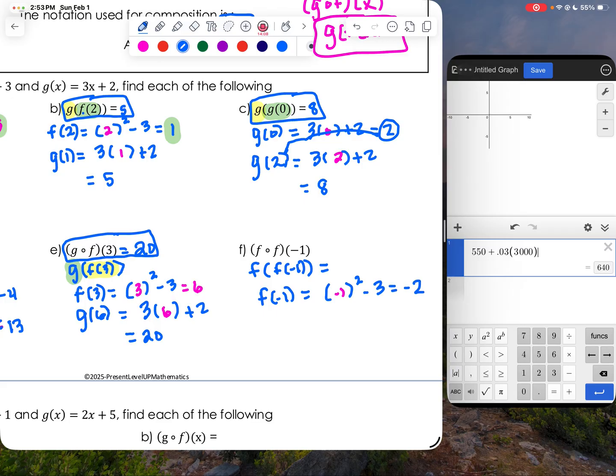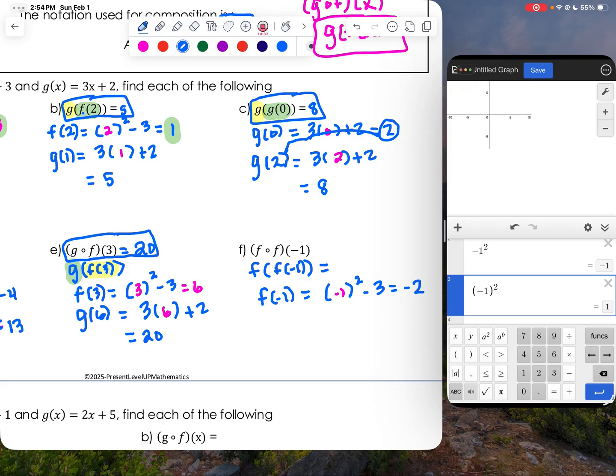This is a place where a lot of students make errors, because if you put negative 1 squared in your calculator, you're going to get the answer wrong. Remember, put negative 1 in parentheses. Okay, so negative 1 squared is positive 1.